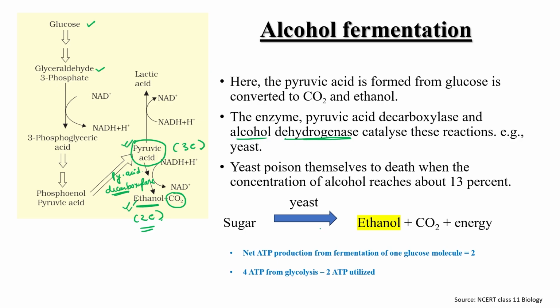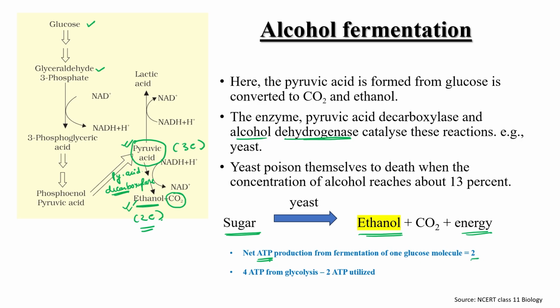This is known as alcohol fermentation, when the sugar, or we can say sucrose, utilizing all the steps of glycolysis, is converted into ethanol, and at this particular point carbon dioxide is released and some amount of energy is also generated. What is the net ATP molecule produced during alcohol fermentation?